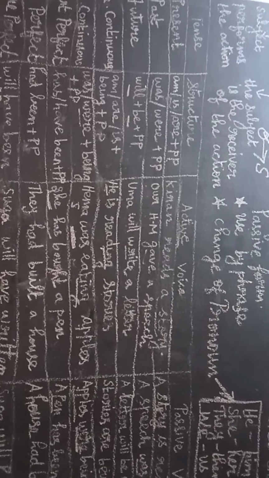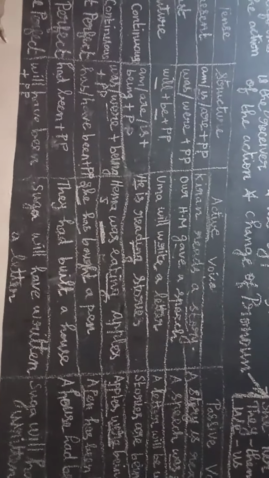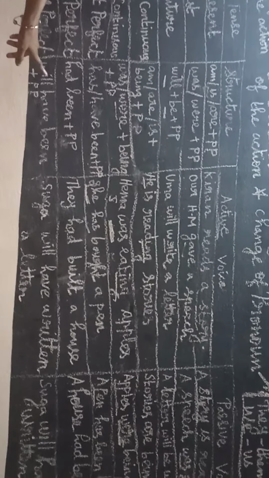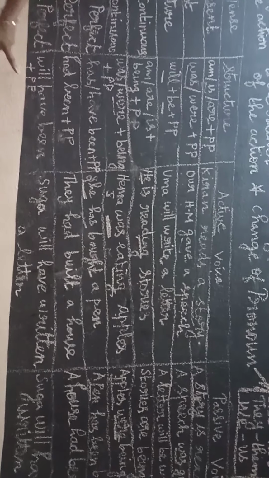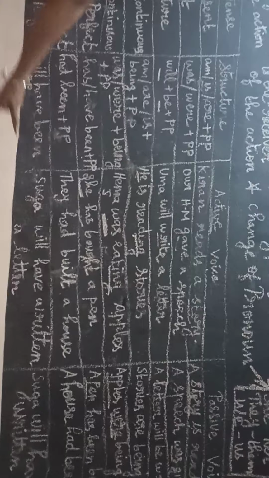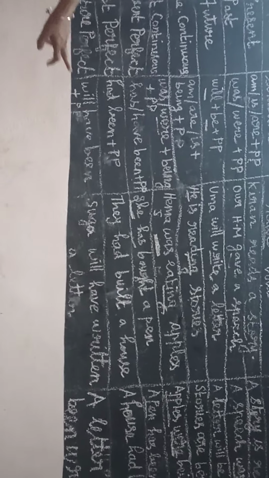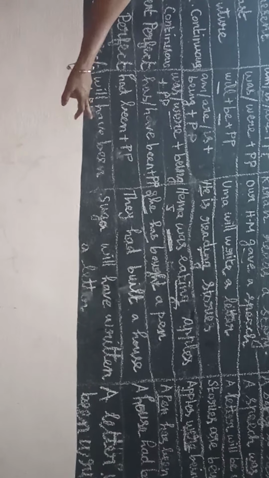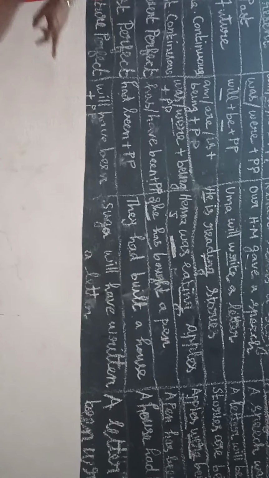Future perfect tense. While changing the active voice into passive voice, we have to use will have been plus past participle. For example, Suga will have written a letter.